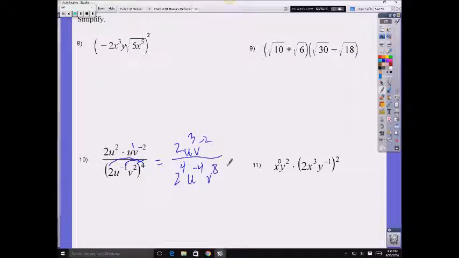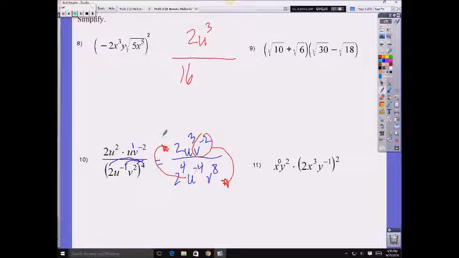V8. Okay, now the rule is no negatives. So I'm taking these to the bottom where they will turn positive, taking these to the top where they will turn positive. So I've got on top 2u cubed. And on bottom, okay, 2 to the 4th is 2 times 2 times 2 times 2 is 16.